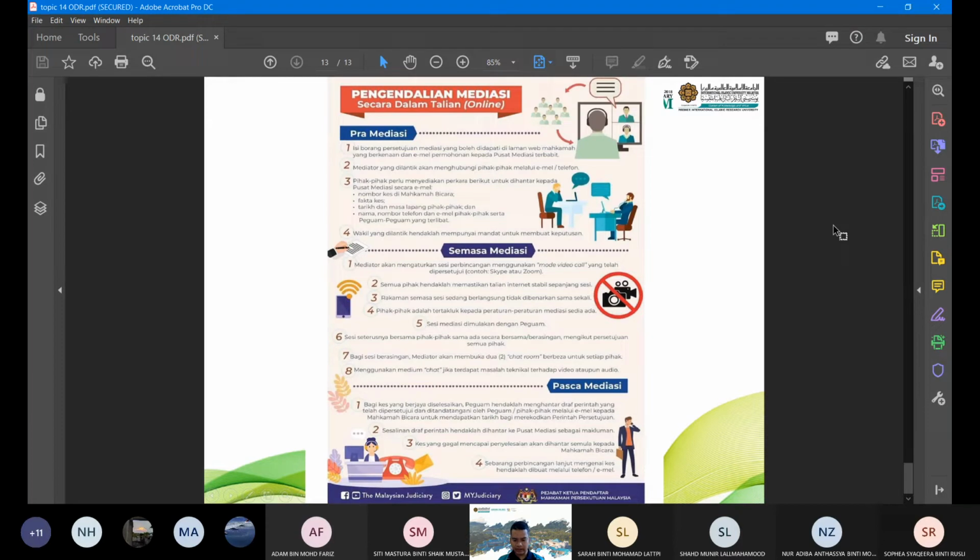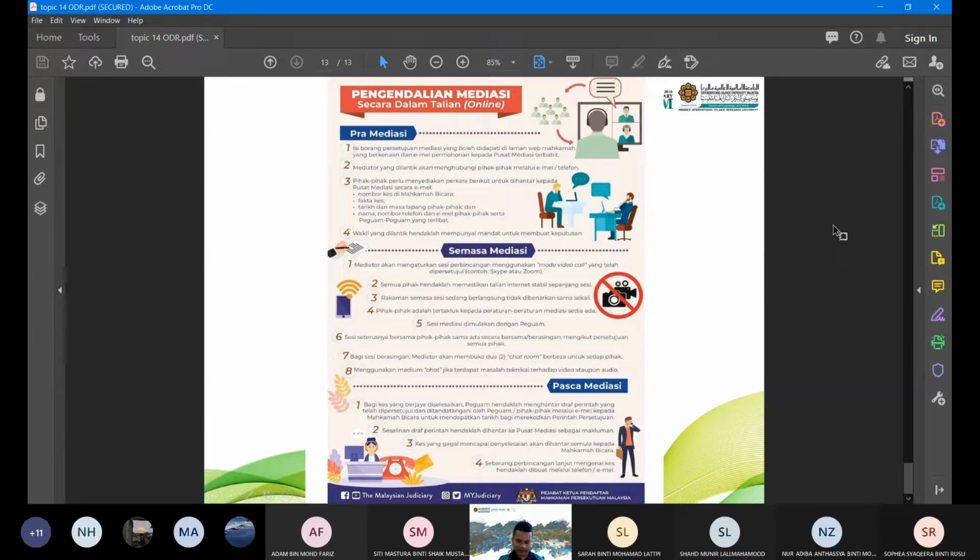And after the mediation is done, for cases that can reach a settlement, the lawyer will have to send a draft order, which has been agreed by both parties and signed by the lawyer, and then the court will issue an order, and this can be sent by email.